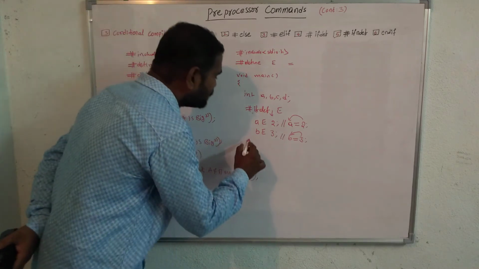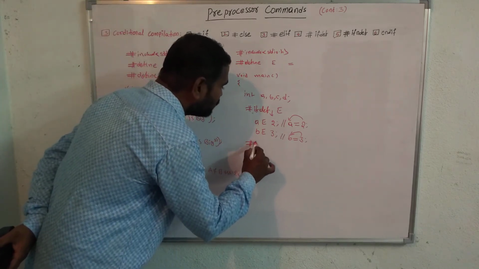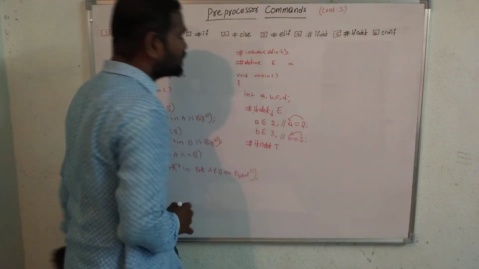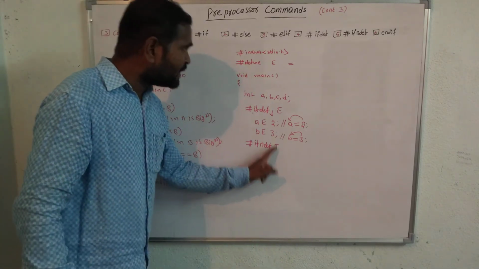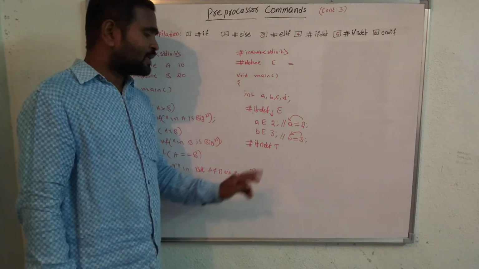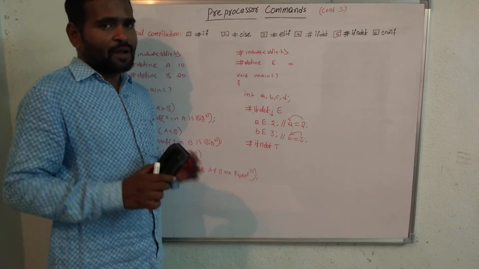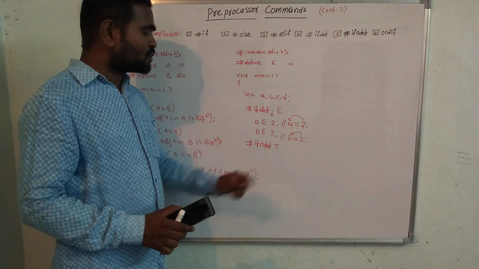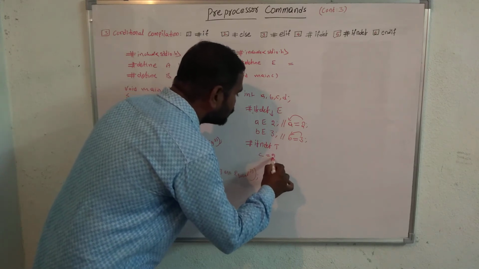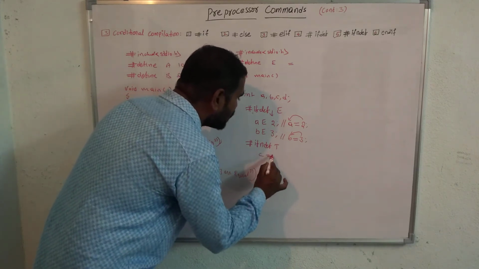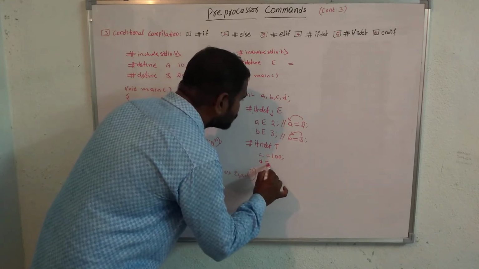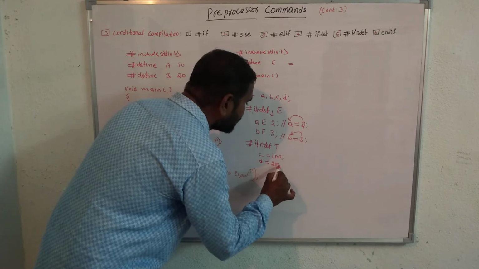Then here #ifndef T. Actually, did you define T here? No. So #ifndef T, yes, I did not define T. So the condition is true. At that time, what happened here: c is equal to 100 and d is equal to 200.